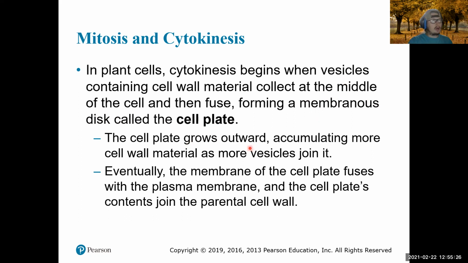And so the cell plate forms in the interior of the cell and actually grows outward towards the plasma membrane. And so eventually that cell plate, that membranous disc, will fuse with the plasma membrane, and it will separate the components inside the cell, and it will make two daughter cells from a parent cell.